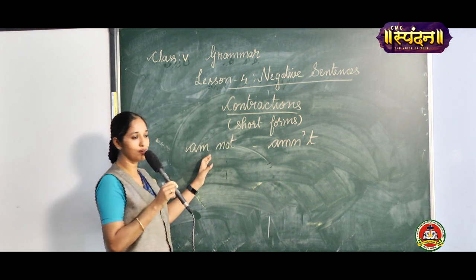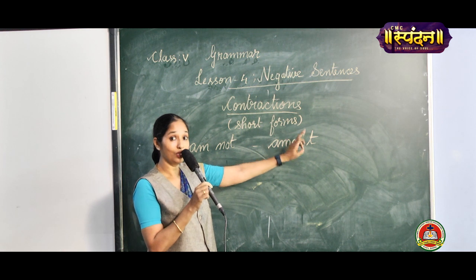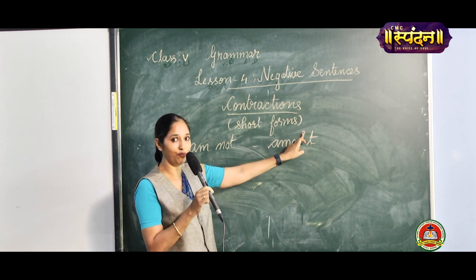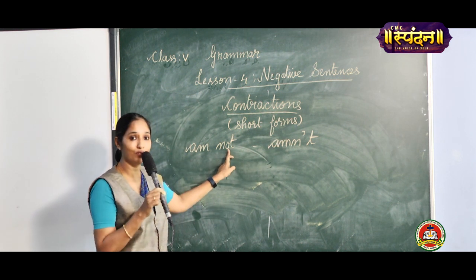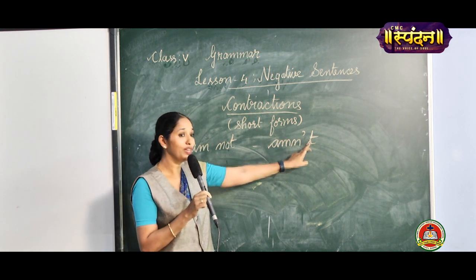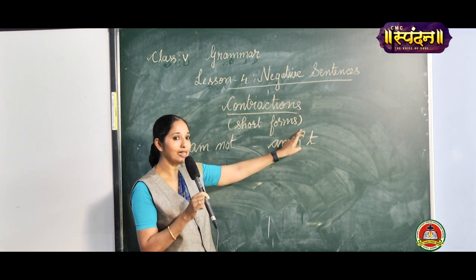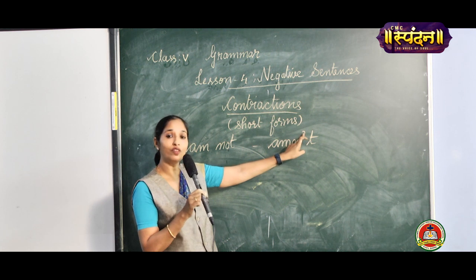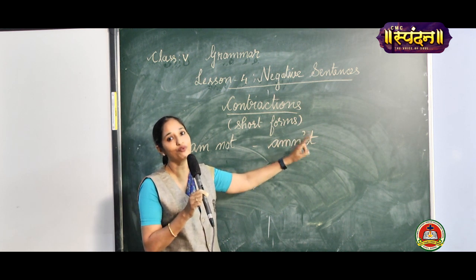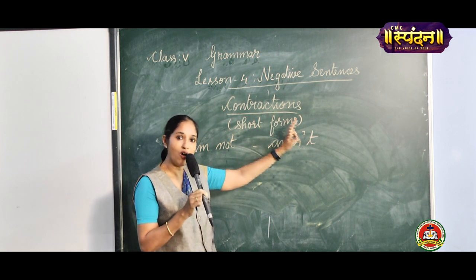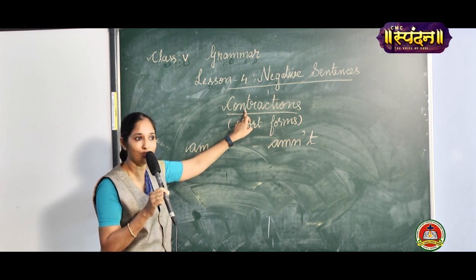When you form the contraction, we use an apostrophe. So where did we use this apostrophe? We use this apostrophe where this O is supposed to come, in not. So we deleted that O. We omitted that O, and in place of that O, we put an apostrophe. This is how we are supposed to form the short forms or abbreviations, or otherwise called contractions.